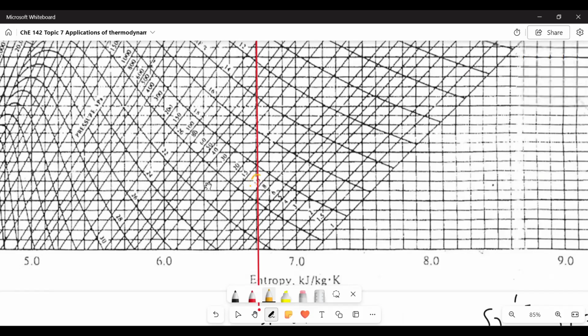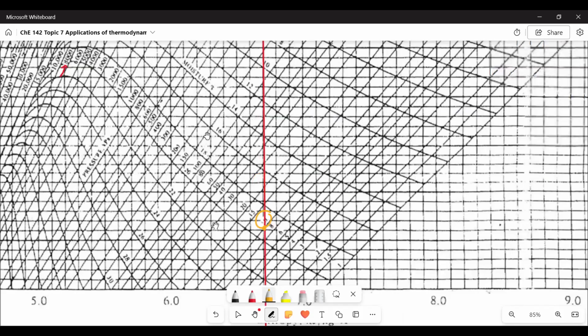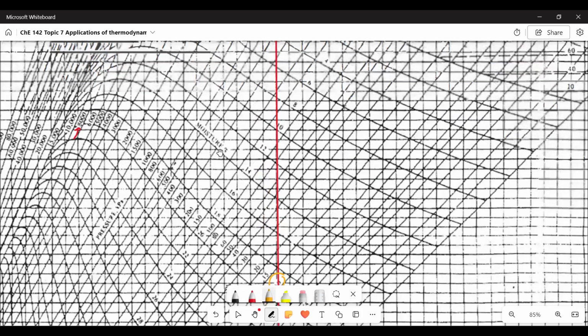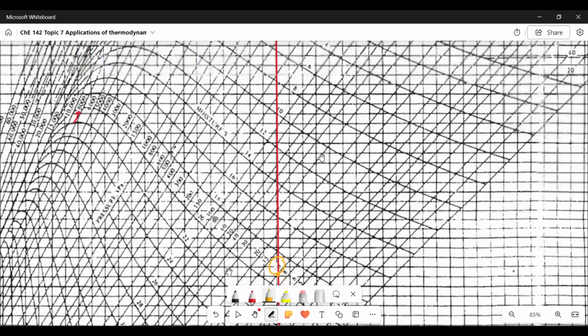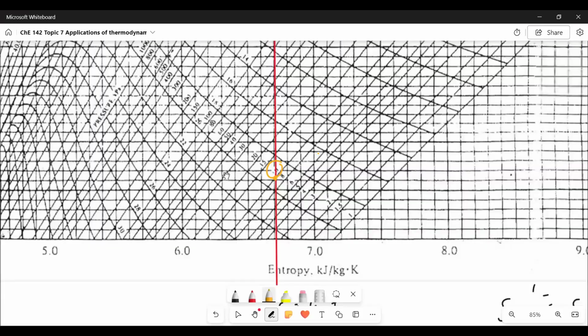See, so this would be our point. That's 10 kilopascal. Now we read the X. So in this Mollier diagram, the labels are for moisture. So this is 1 minus X. Whatever reading we get from the moisture, we get 1 minus that value divided by 100 because it's percentage.